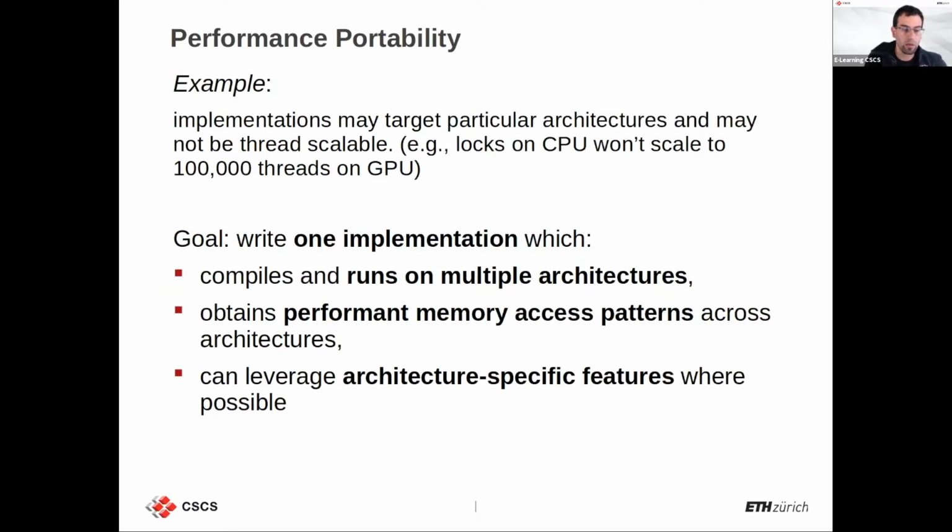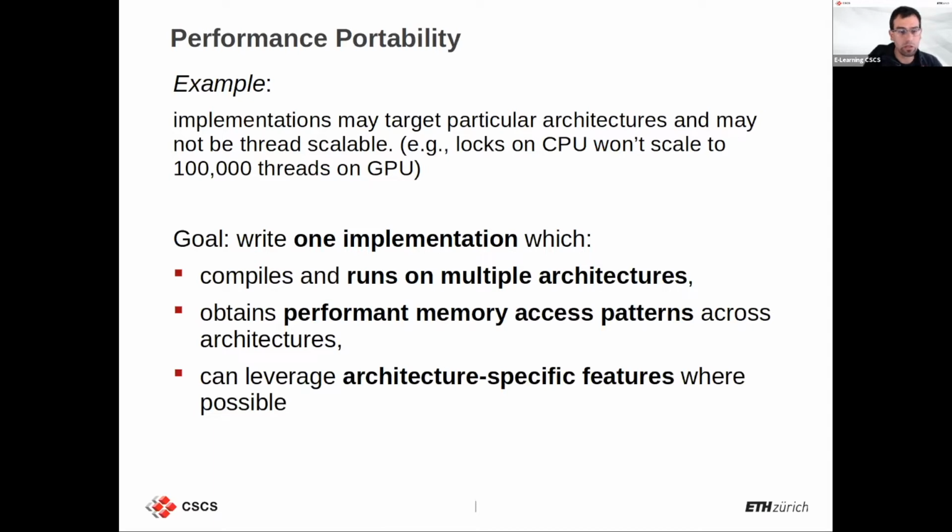So to address again performance portability, the idea is we have one implementation that runs on multiple architectures and obtains good performance for memory access patterns across architectures. And this can leverage architecture-specific features whenever possible. For example, if you use locks, locks work fine on CPUs.